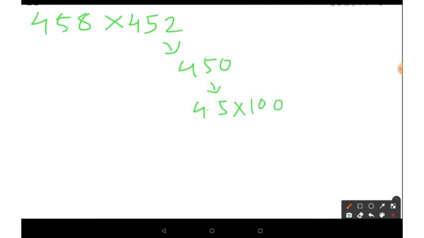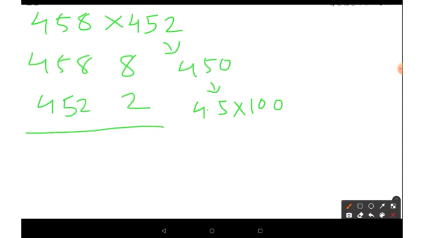So 458 is plus 8 and 452 is plus 2. Now you perform the operation, either 452 plus 8 or 458 plus 2, whichever is easy for you. So you will get 460, and then 8 twos, that is 16.